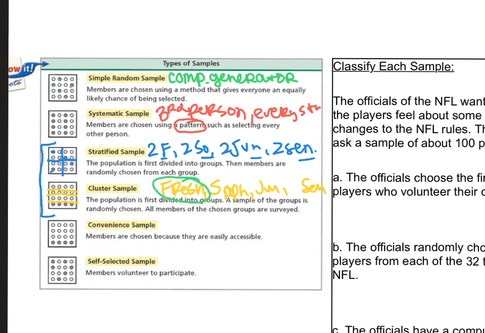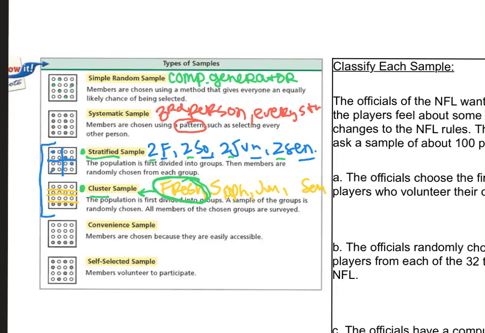Instead of picking 2 from each like in stratified, I'm picking one whole group and just sampling them, and that is cluster. So both of these you're splitting into groups. In stratified, you're picking a couple from each. In cluster, you're picking one group from the groups that you split into.